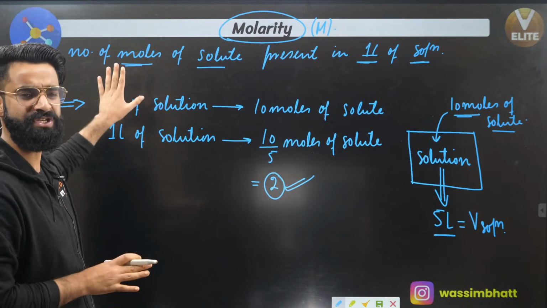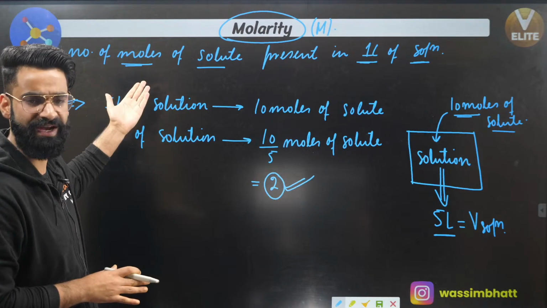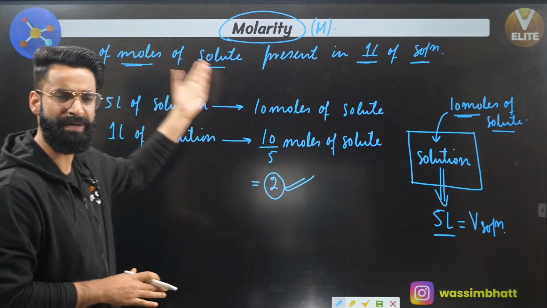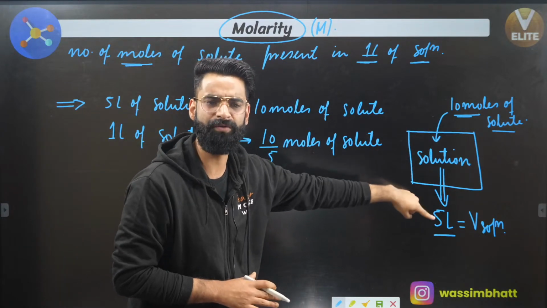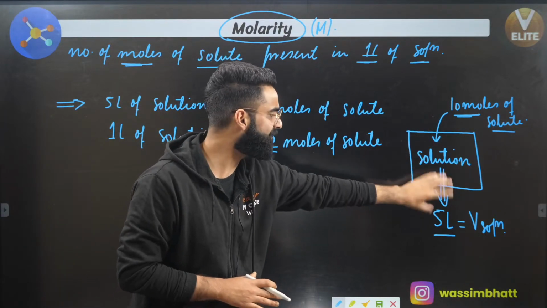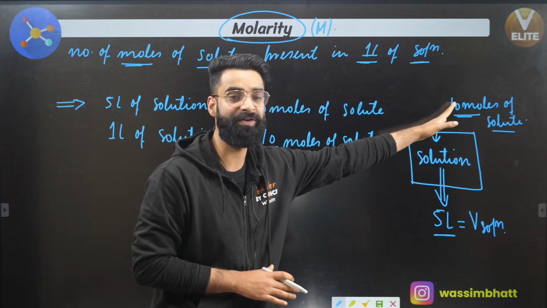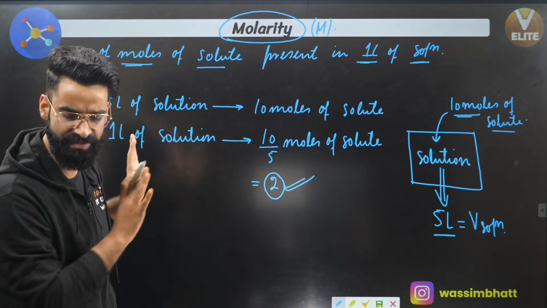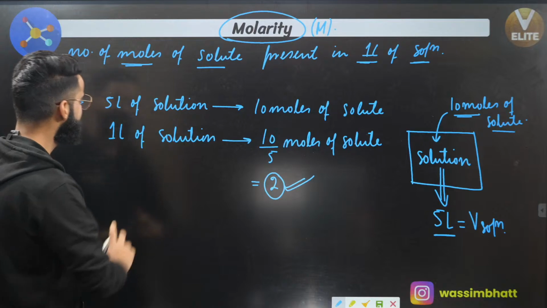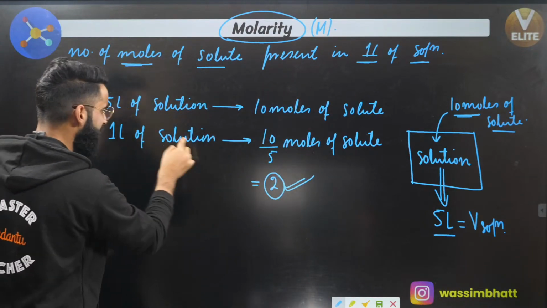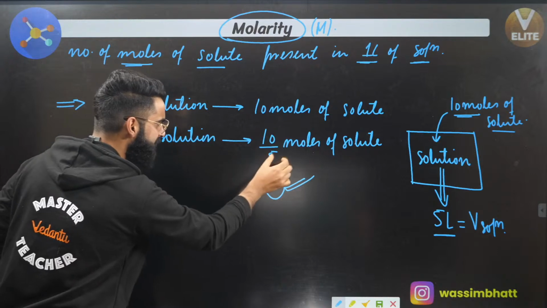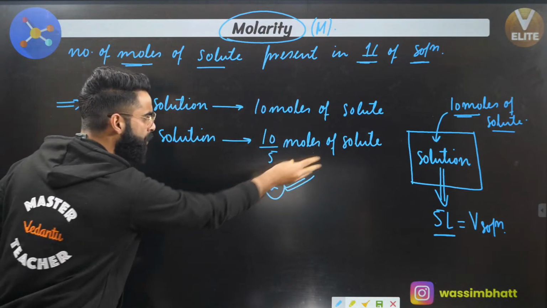Simple, guys. As per its definition, molarity is defined as the number of moles of solute present in 1 liter of solution. Here I took a solution of 5 liters with 10 moles of solute. That means 1 liter of solution contains 10 divided by 5, that is 2 moles of solute.